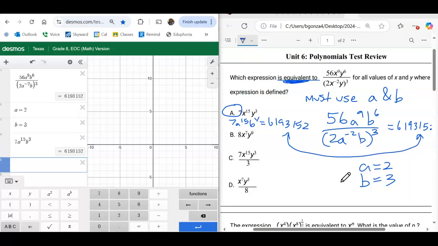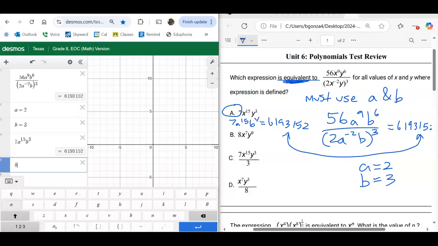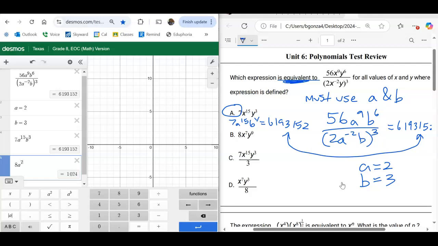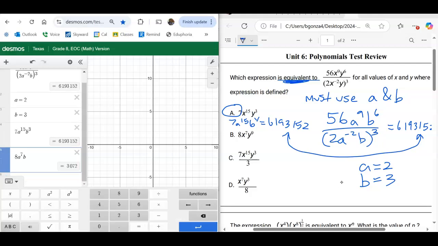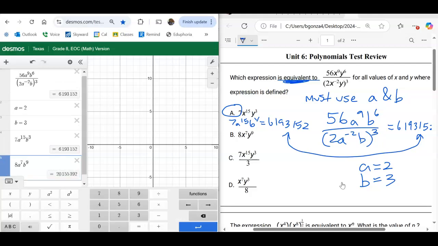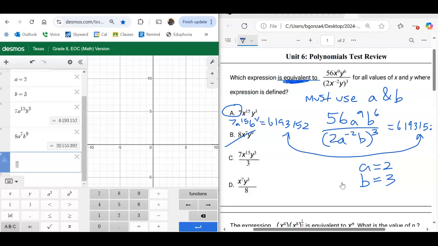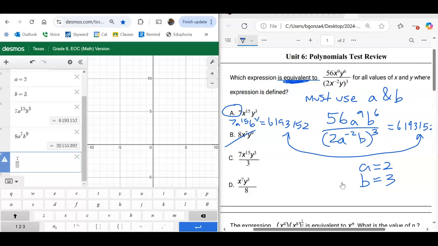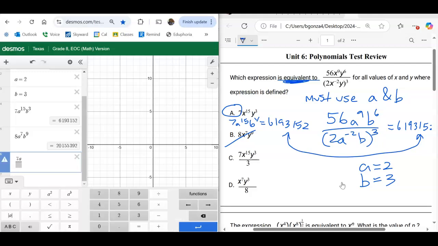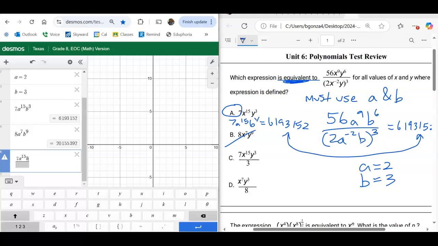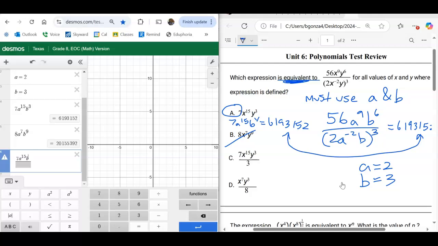Now, I can plug in all these other ones real quick. 8A to the power of 7, B to the power of 9. That did not give me the right answer. Do it again. 7A to the power of 15, B to the power of 3 over 3.